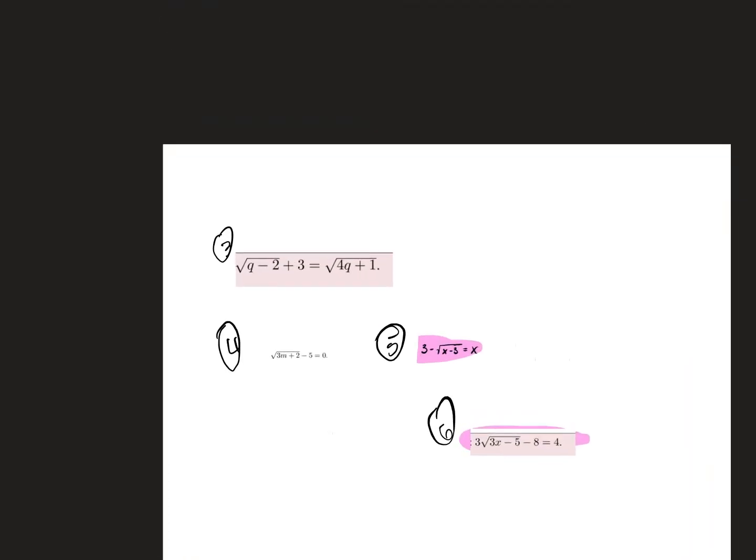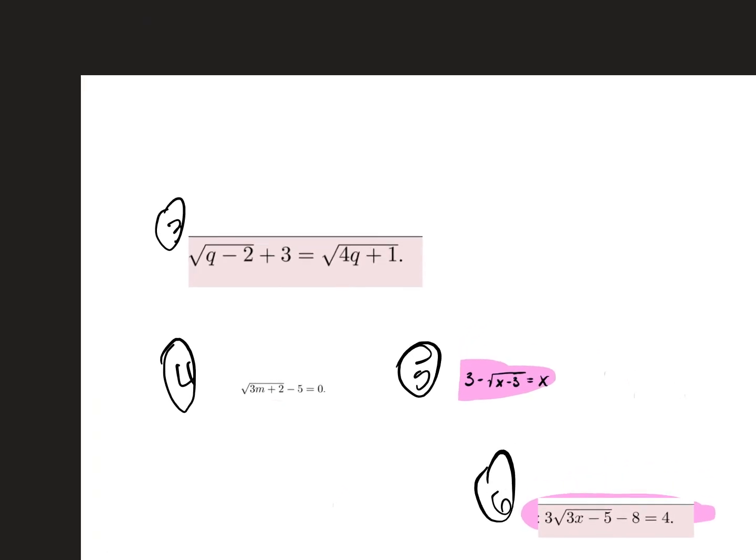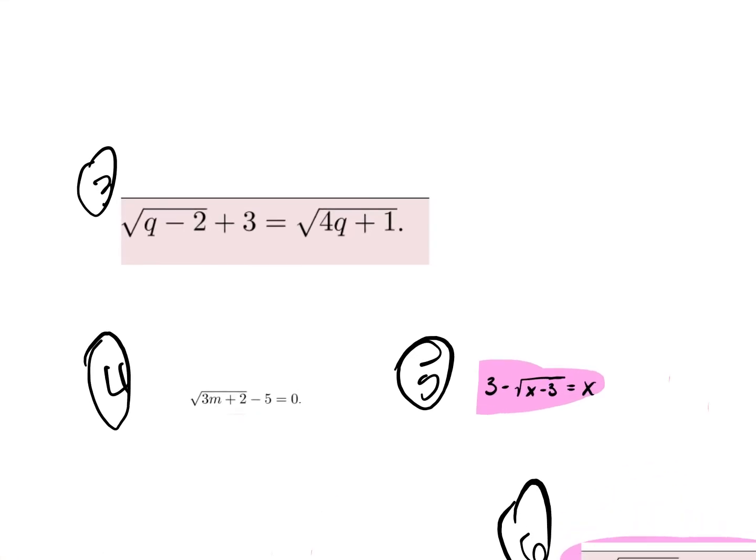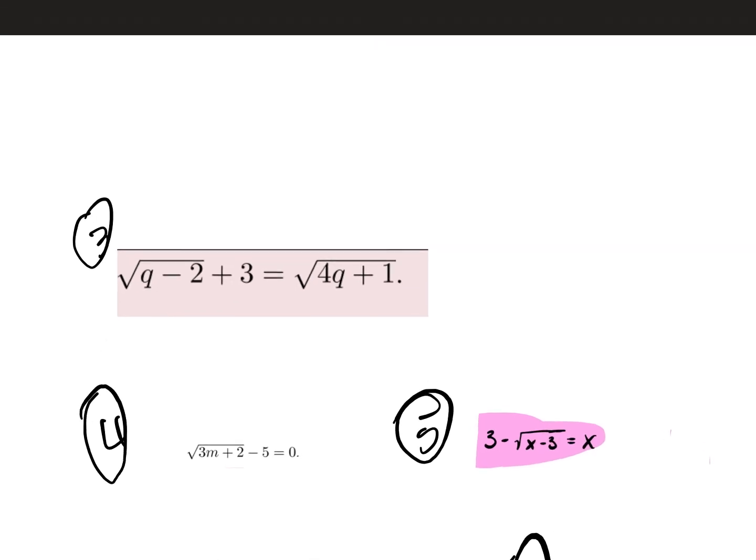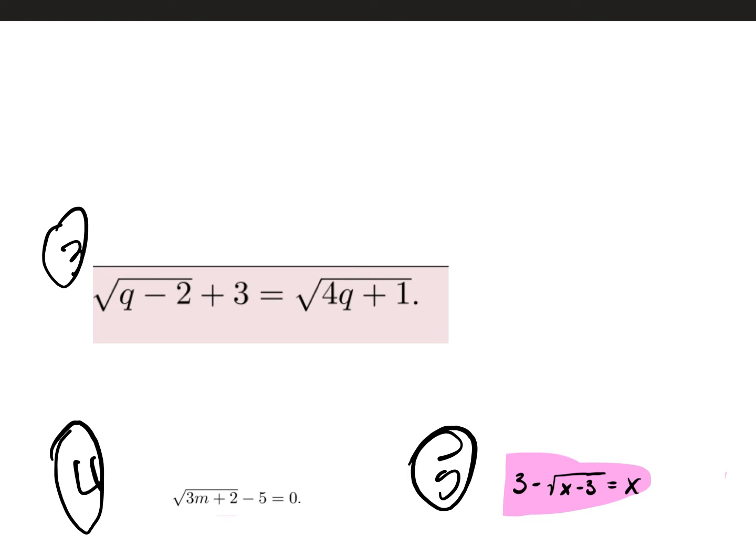If we look at number 3, we have the square root of q minus 2 plus 3 is equal to the square root of 4q plus 1. For this one, again, there's no way to isolate the radical, so we're going to square both sides.